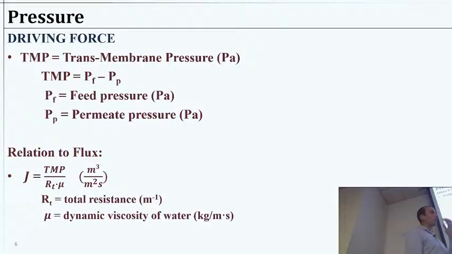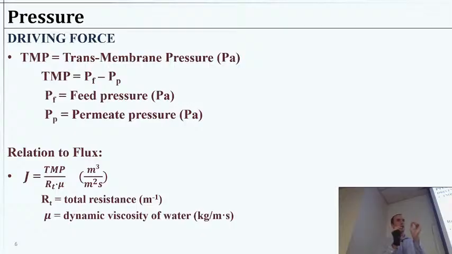So if we define the pressure required as the transmembrane pressure across the membrane, we have high pressure in front of the membrane, pushing on the membrane. On the other side, water comes through and it's lower pressured. Okay, that's how it works.